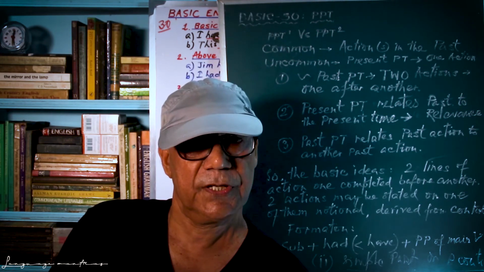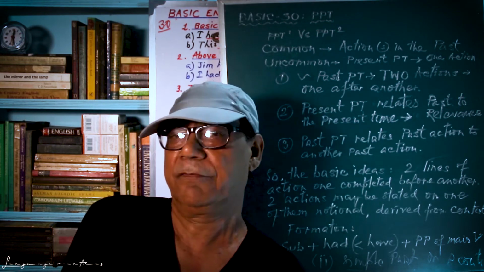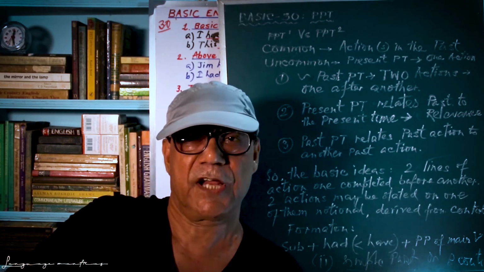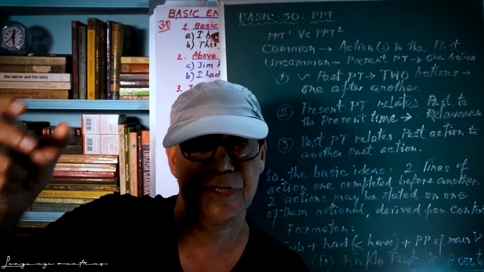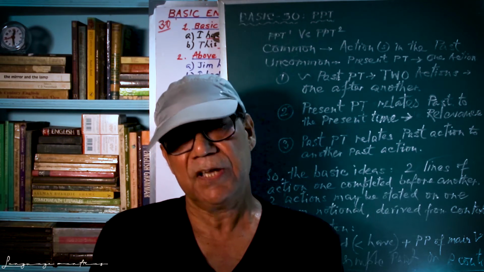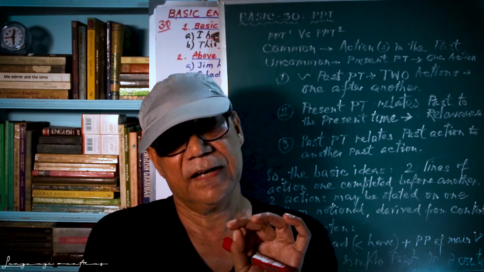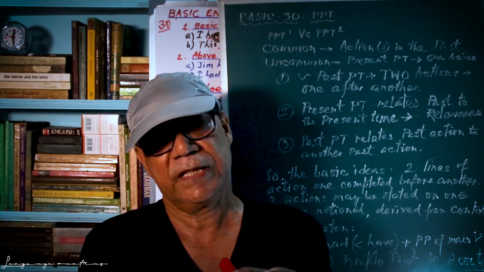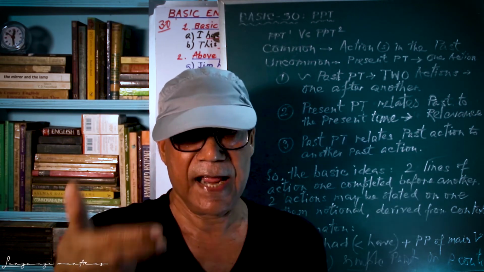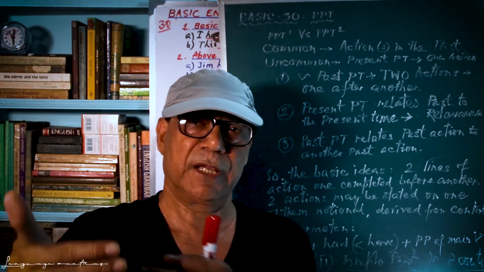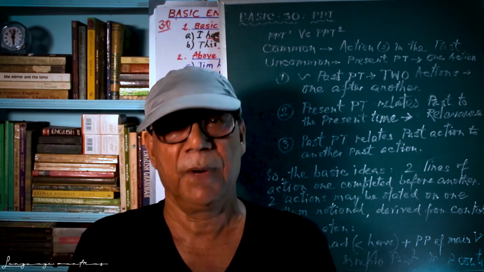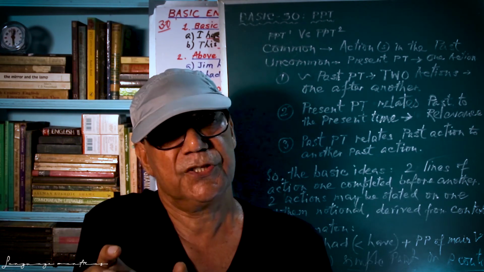What about the relationship? In the present perfect tense, the relationship is between the past action and present relevance of the action. Whereas in the past perfect tense, the relationship is established between the first action and the second action. Both are taking place in the past time. So this is the theoretical part of past perfect tense.